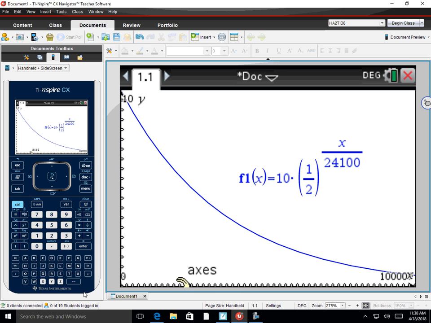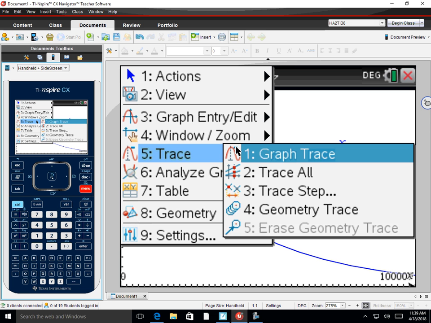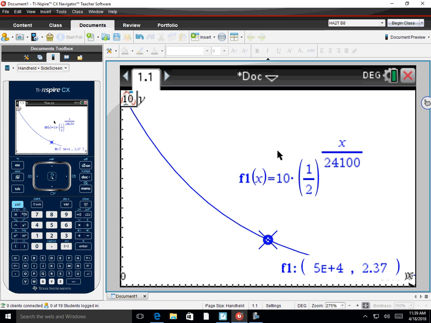All right. So if we have this graph, and we want to know how much was left in, let's say, 2018. We said this is 32 years later, right? So in 2018, I would plug in what number? Oh, I got to go menu, trace, graph trace, right? Menu, trace, graph trace. And if I want to know how much is left of the 10 pounds in 2018, I'm going to type in what number? 32.